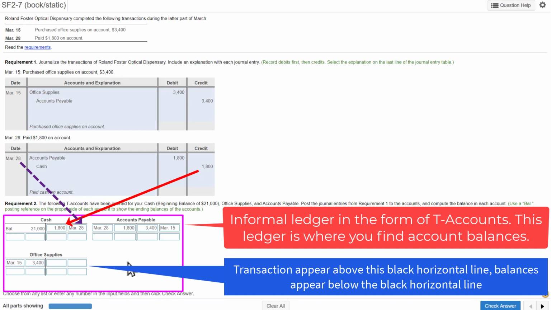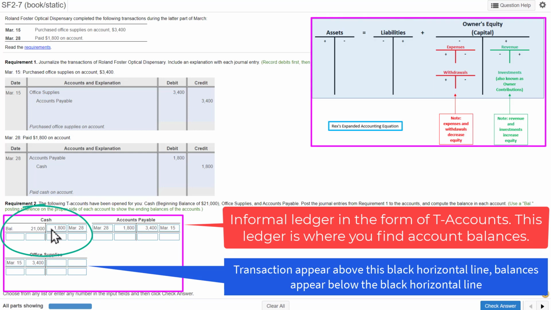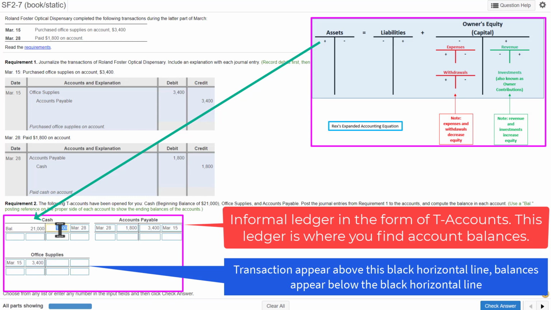Now we need to calculate balance. So to calculate the balance of cash, we have to know which side is the plus side. Well, looking at the accounting grid, the plus side is the left side. So we're going to take 21,000 and then minus 1,800, and then we put the balance always on the bigger side.